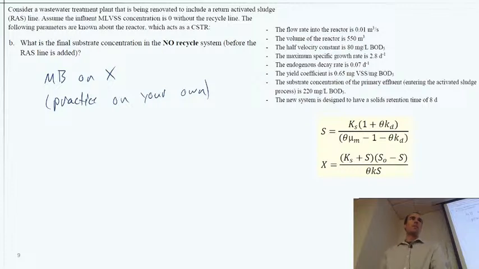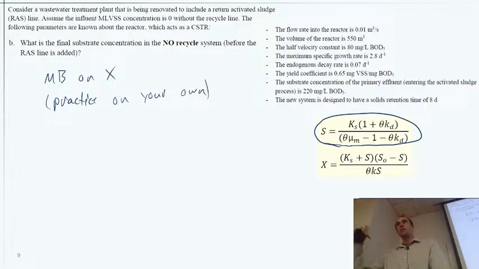Okay, so it's the same process we talked about Tuesday. That's the key part, to recognize what you need to do, what you need to use, and the fact that our mass balance on X yielded us this equation. This was specific to a no recycle system where we had bacteria growth and death, of course, and substrate utilization, right? Specific to exactly this situation.